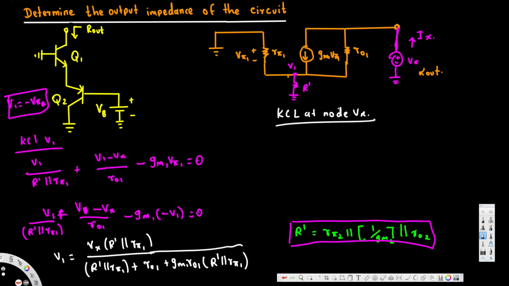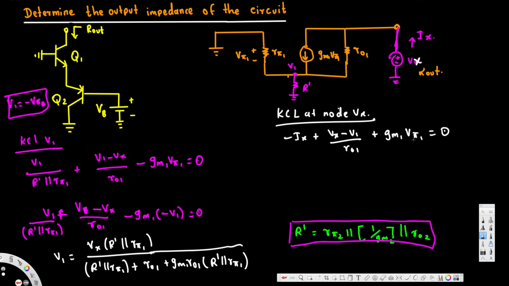If we apply that here, the current entering is Ix, so entering we have to put a negative: negative Ix plus Vx minus V1 over RO1, and then plus gm1 Vπ1 is equal to 0.